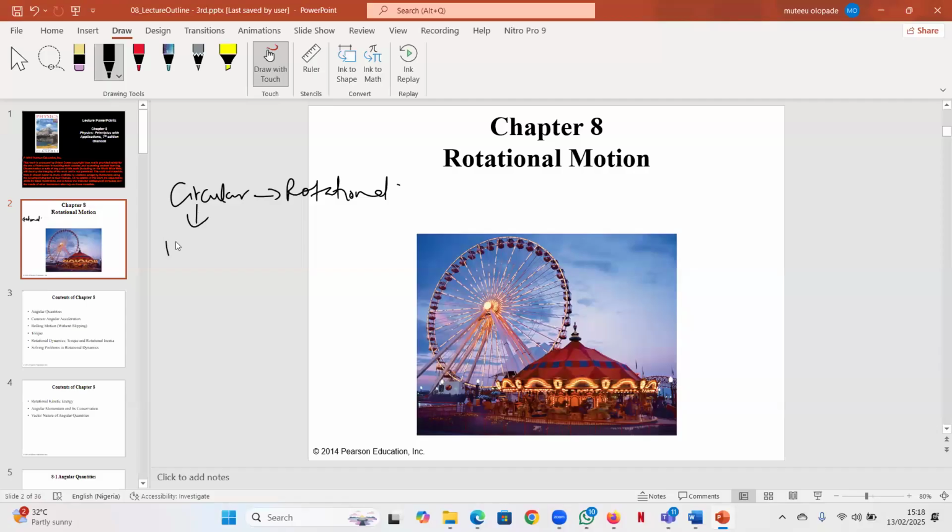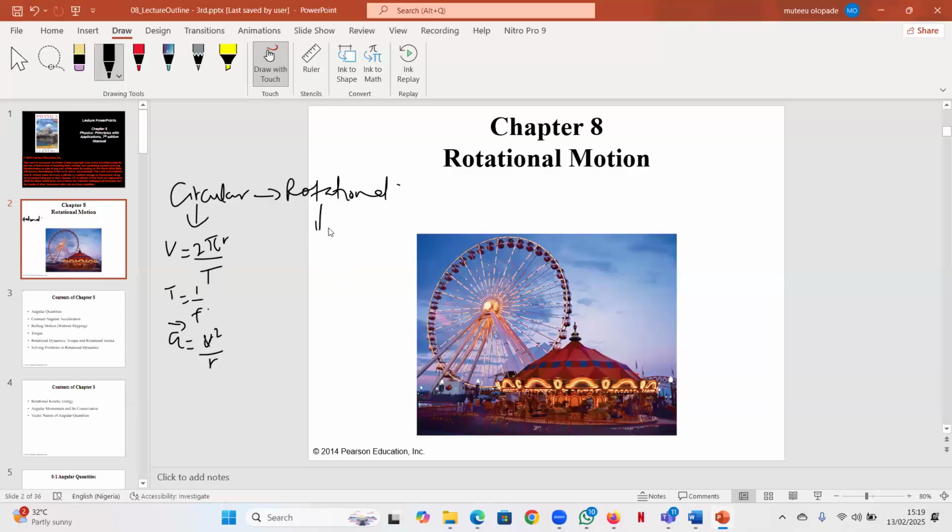Velocity gives us 2 pi r divided by the period, and the period is equal to 1 divided by the frequency. The acceleration is given as v squared divided by r.